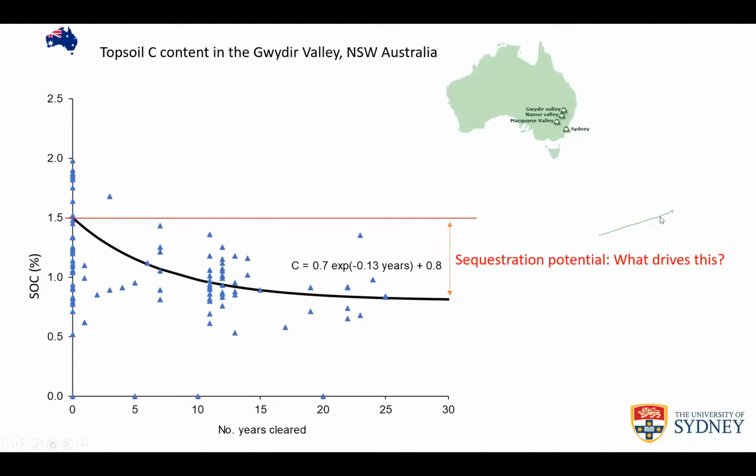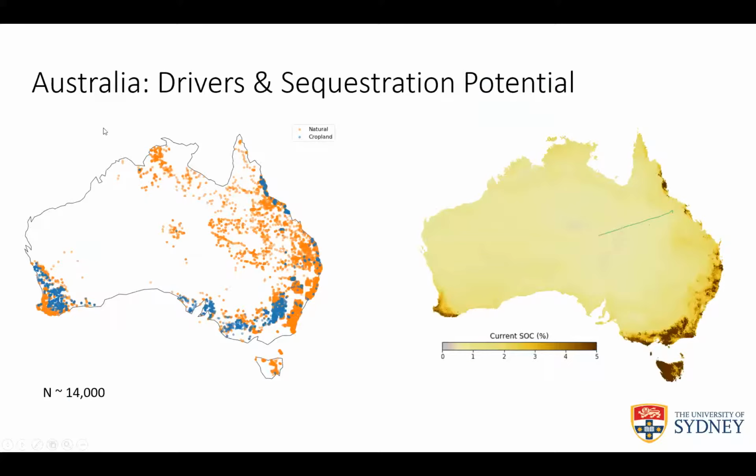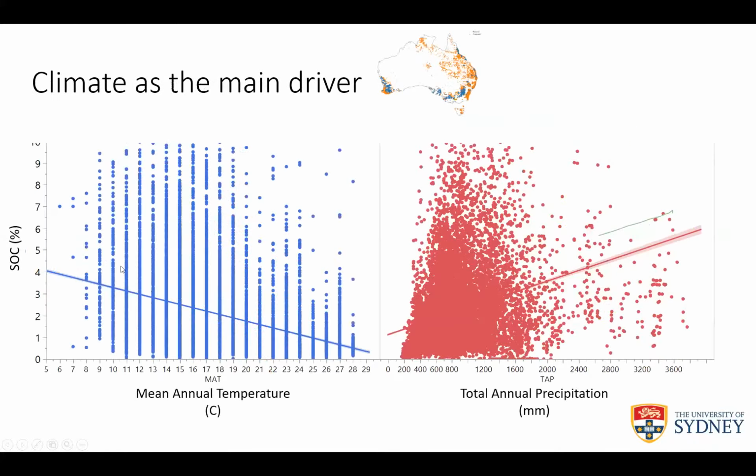So what drives this? What makes this store carbon? It depends. If we look at it on a continental scale, for example in Australia, what are the drivers? On the continental scale, it has a lot to do with climate, meaning annual temperature and precipitation.